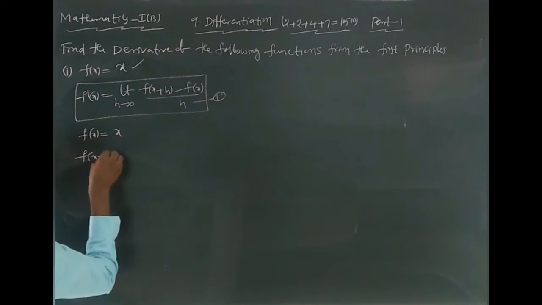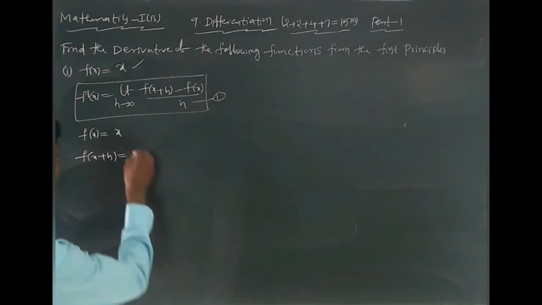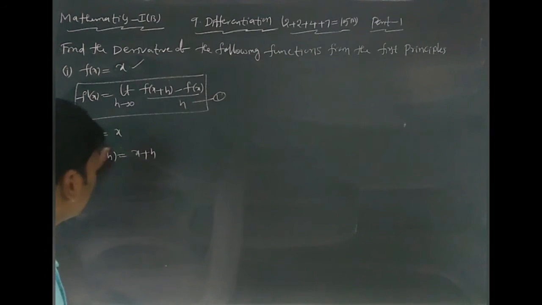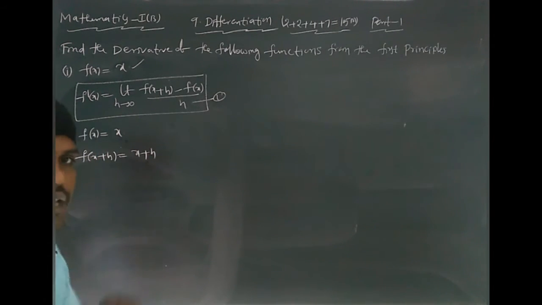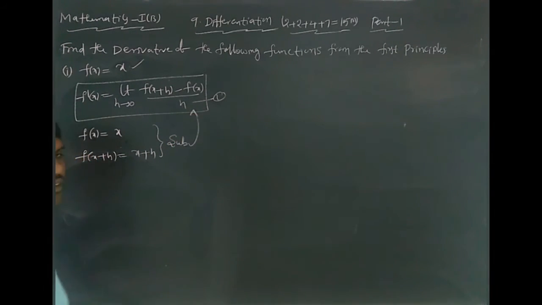Then f of x plus h is what? f of x plus h value is x plus h. Understood? Here in terms of x, here is x. Here in terms of x substituted x plus h, that is also x plus h. These two values substituted in equation 1.